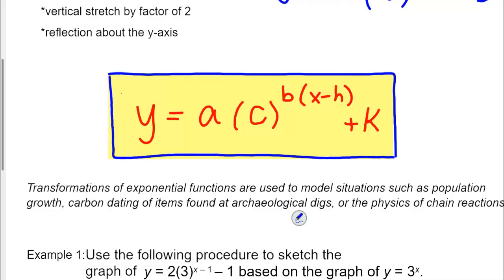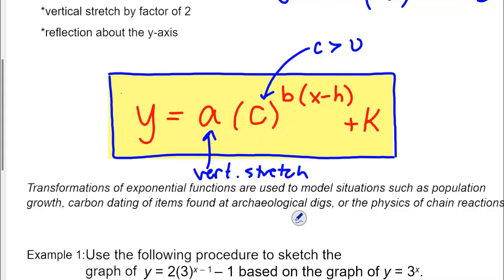So here's your base equation with the a, b, h, and k. And we can see here that our base is called c, and we have to have c is greater than 0, of course. Our a, again, is the vertical stretch.